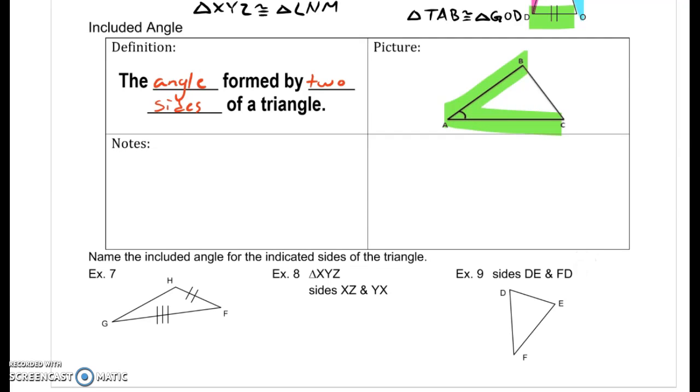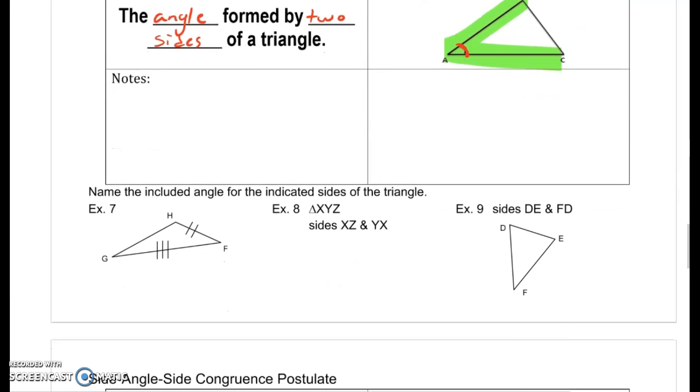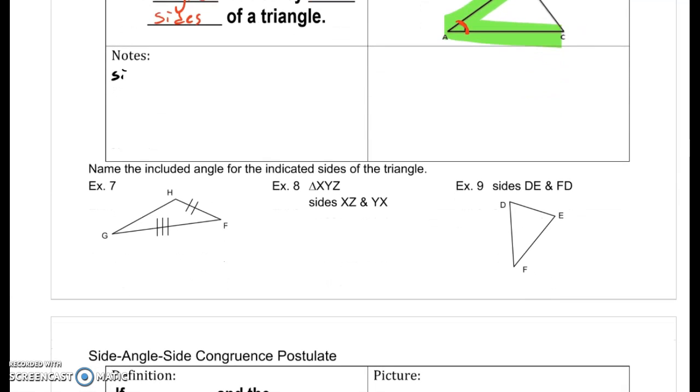So this angle is included in those 2 sides. So we can say that sides AB and AC form angle A. So angle A is the included angle.